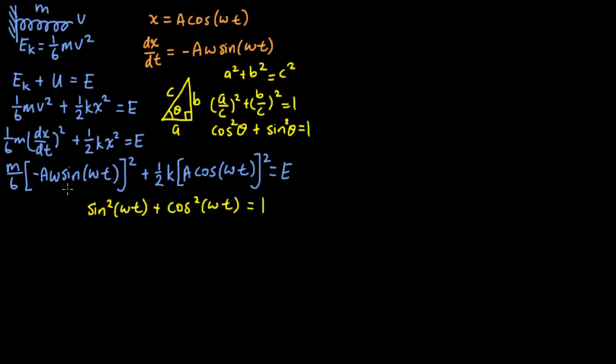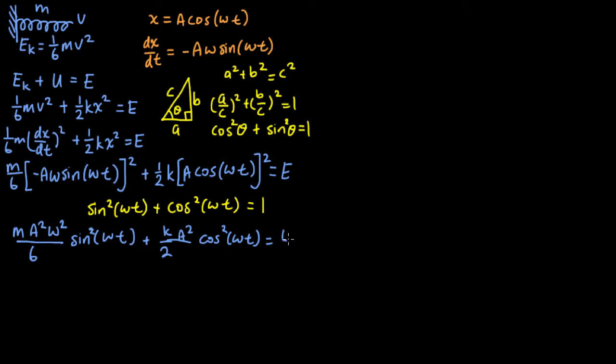We'll square the values in the brackets and then divide both sides of the equation by E. m a squared omega squared, and the negative sign becomes positive after it's squared, divided by 6 times sine omega t squared, plus k over 2 a squared cosine omega t squared equals E, and let's divide both sides by E. So this equals 1.